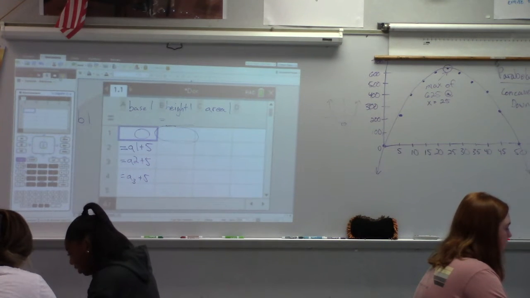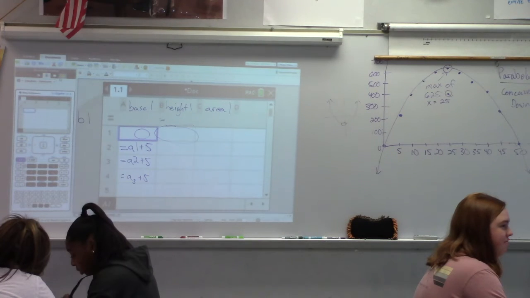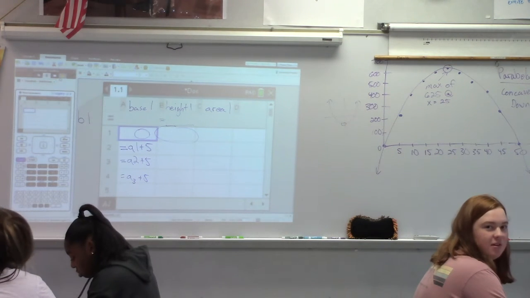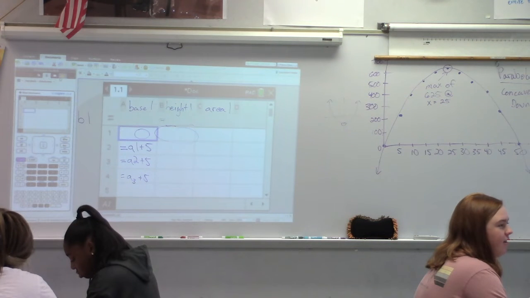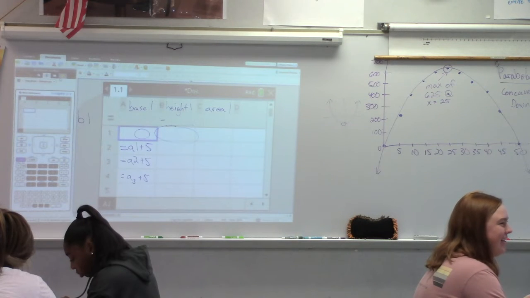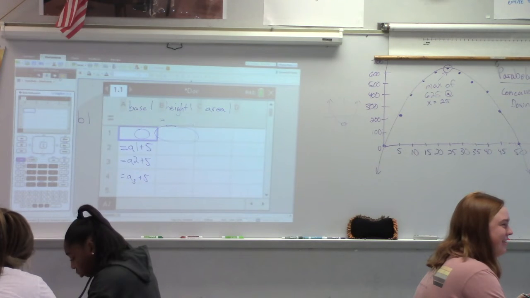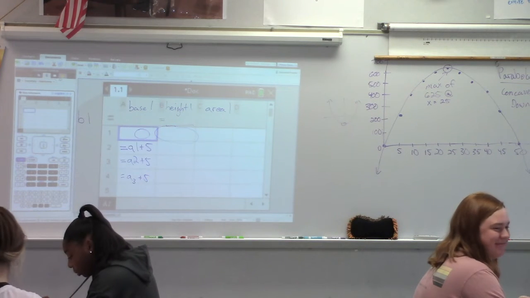So these numbers, remember, the idea is that we're trying to create the biggest area possible when you only have 100 meters to go. So when you went 50-50 on the base, the height had to be 0. Well, when the base is 45, if I put 5 here, notice 45 plus 5 is 50, plus another 50 is 100.